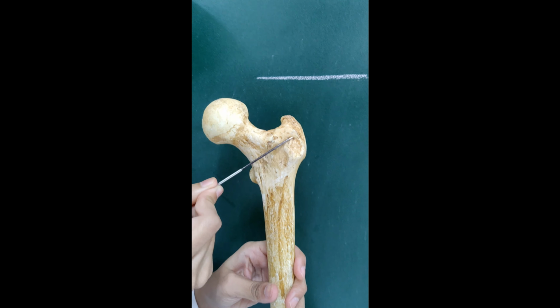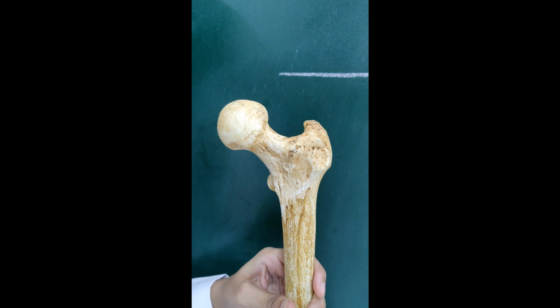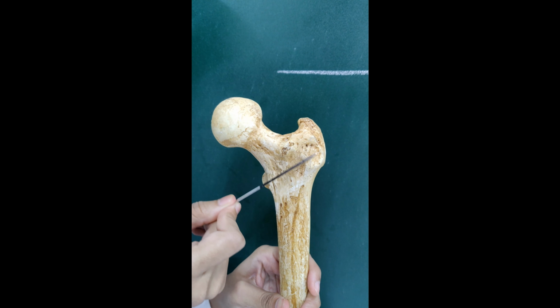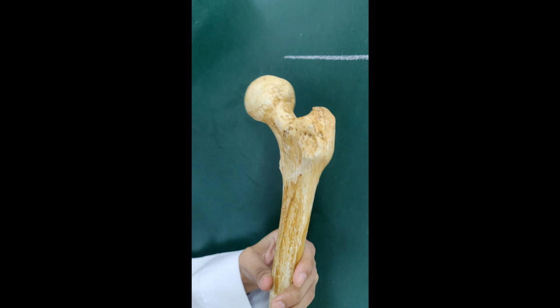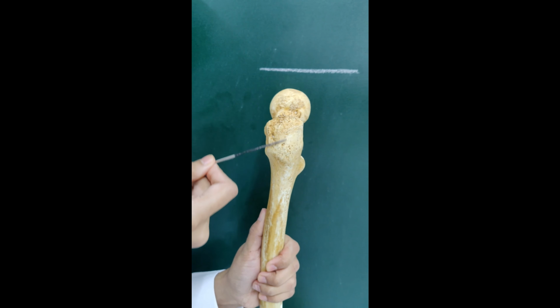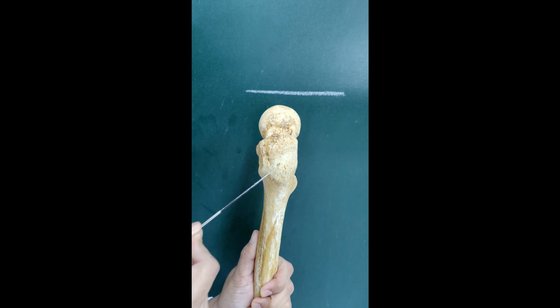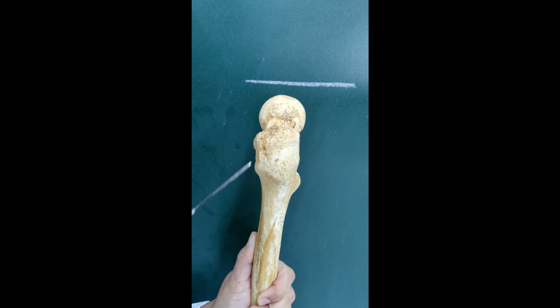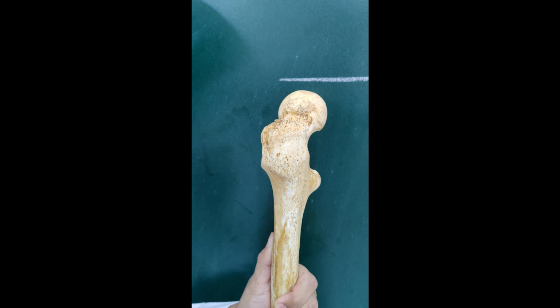The anterior surface of the greater trochanter is rough and gives attachment to gluteus minimus. The lateral surface is divided diagonally by an oblique ridge into upper and lower triangular areas.